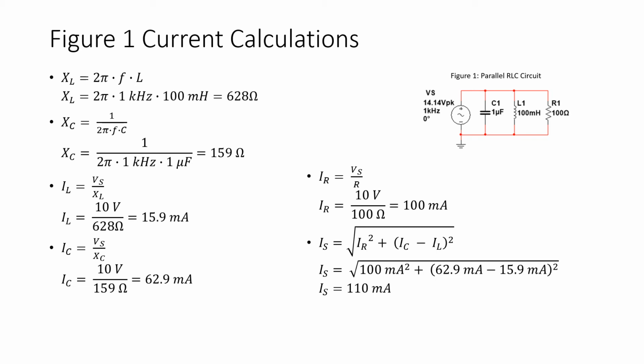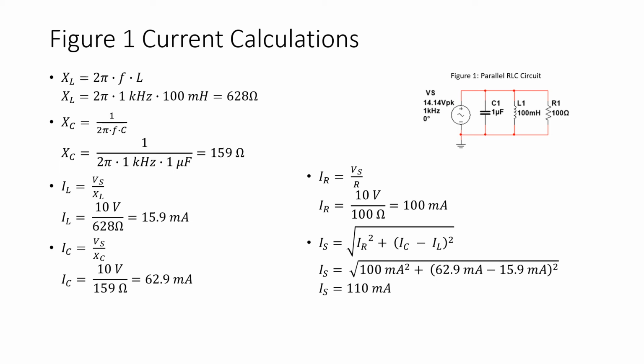The current that flows through the capacitor, Vs divided by XC, is 62.9 milliamps. And the current that flows through the resistor is Vs divided by R: 10 volts divided by 100 ohms gives us 100 milliamps.